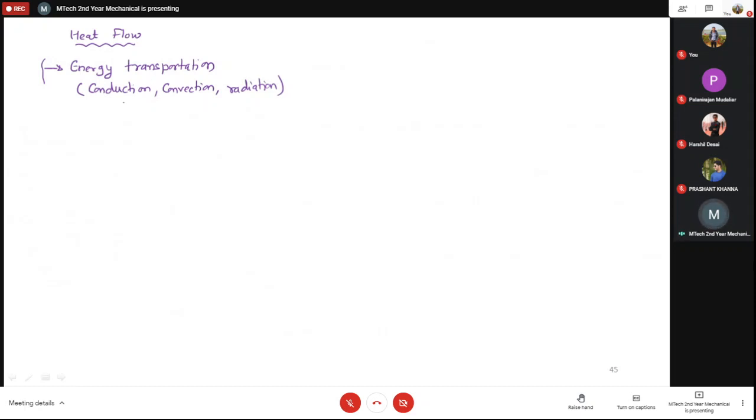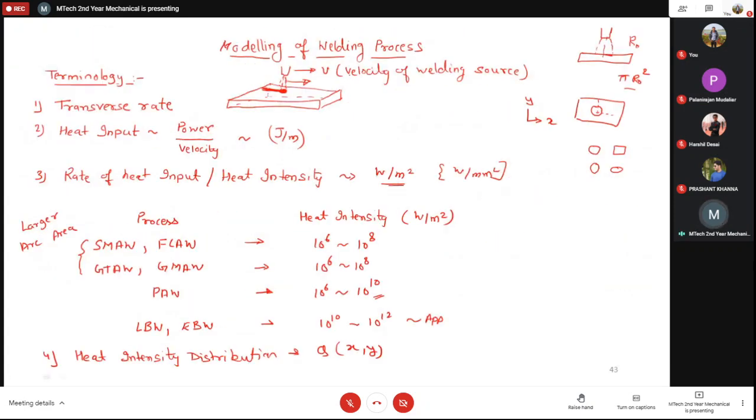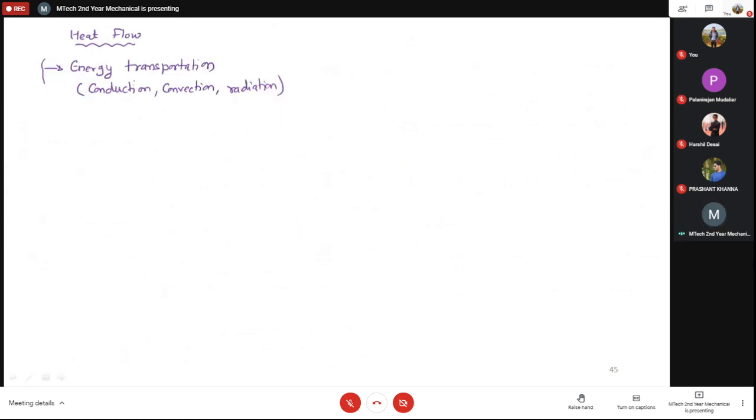We also have to look into the ways through which we can represent the heat source. This is the heat source which we were speaking about. This is the heat source, the arc, through which the energy is getting transported. In the laser beam process, the laser beam is the heat source.